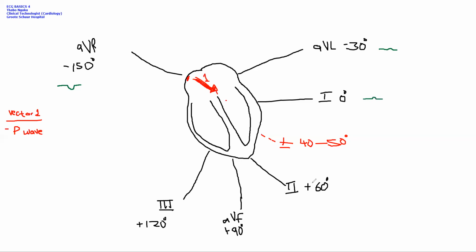Lead 2 is going to have the biggest P wave because this is traveling more towards lead 2 than any other lead. That is why lead 2 is always there in textbooks or cardiac monitors: it provides you with the best QRS, best P wave, best T wave. You see everything so clearly. AVF is also positive, but not as big as in lead 2. Same thing with lead 3, it's going to have a smaller P wave. So that is our vector 1.